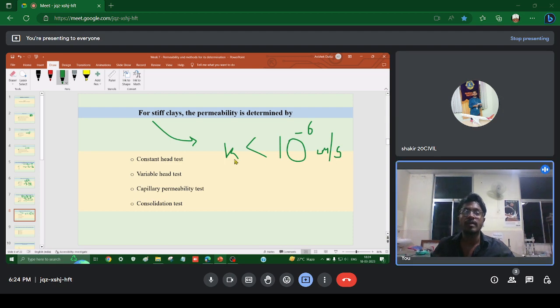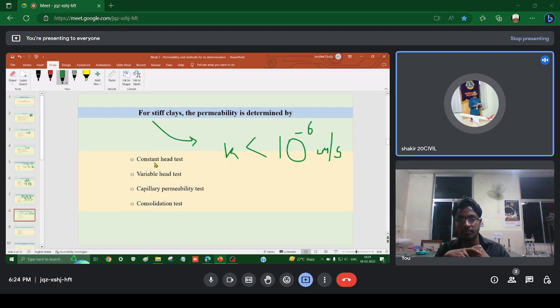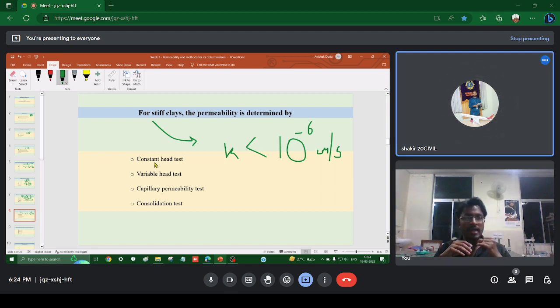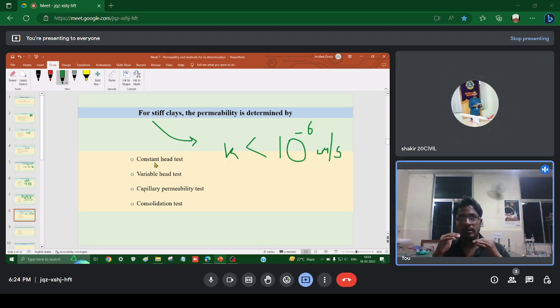So in this kind of test, we cannot get any appreciable amount of water, or measure an appreciable time change in constant head or variable head respectively. In constant head, we need to measure the water discharged, Q. In variable head, we need to find the difference in head after a certain time t.